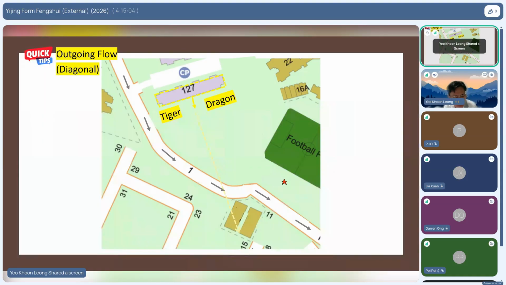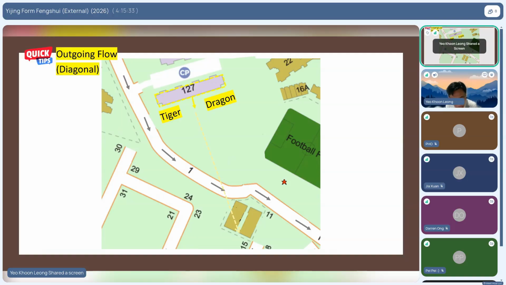Let's talk about another outgoing flow, but I call it outgoing flow bracket diagonal. Now, look at this. Unit A. Where's A? That's the yellow block, 127. The arrow is facing. Now, there's a road on the tiger side, one direction only, and the flow is moving outward towards the front.